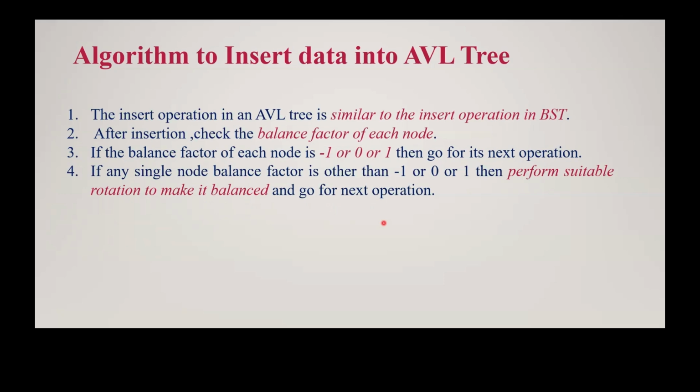Both are the same, except that in case of an AVL tree, as it is a height balanced tree, after insertion we have to check the balance factor of each and every node. If it is not -1, 0, or 1, then we have to go for RL rotation, LR rotation, LL rotation, or RR rotation. There are four categories of rotation we just covered. According to that, we make the rotation and make the tree a balanced tree.